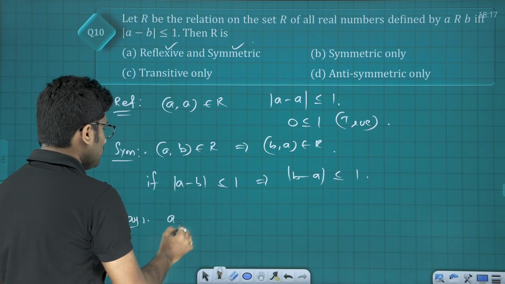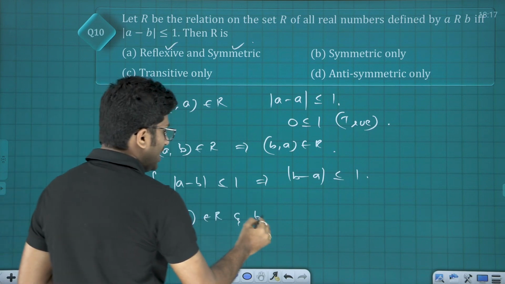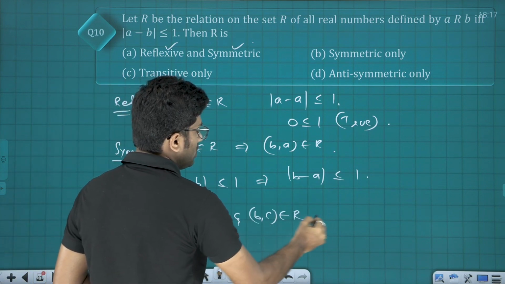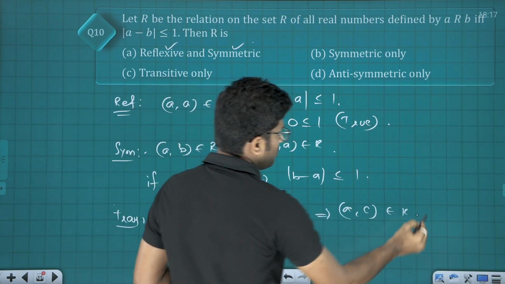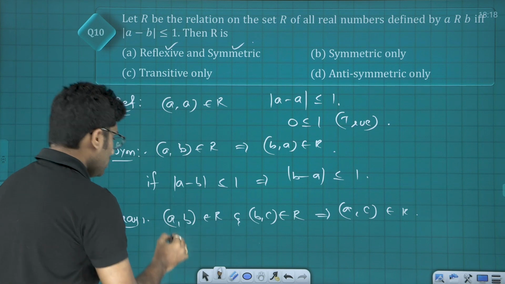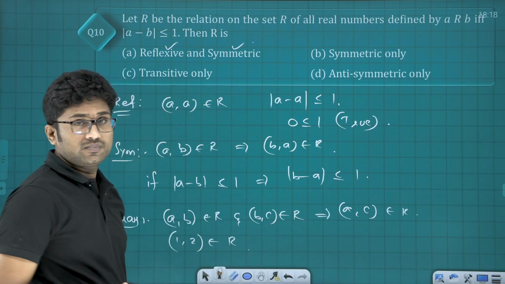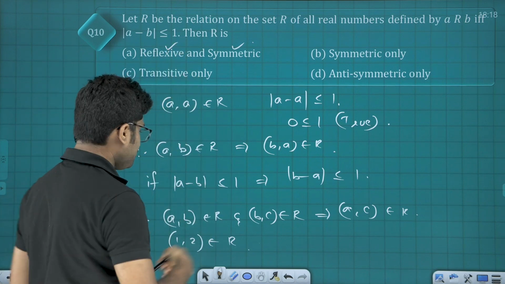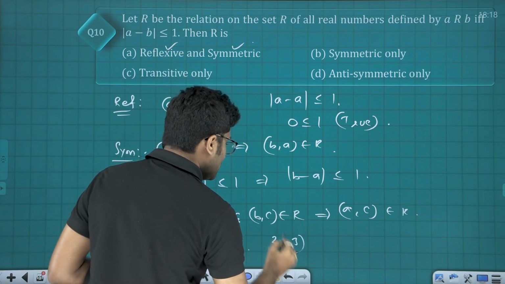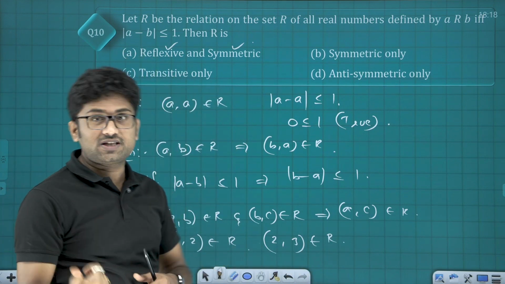What is transitive? (a, b) belongs to R and (b, c) belongs to R implies (a, c) belongs to capital R. We can check by using some example. (1, 2) belongs to capital R because mod of 1 minus 2 is 1, less than or equal to 1. Clear. (2, 3) also belongs to capital R because mod of 2 minus 3 is also less than or equal to 1.